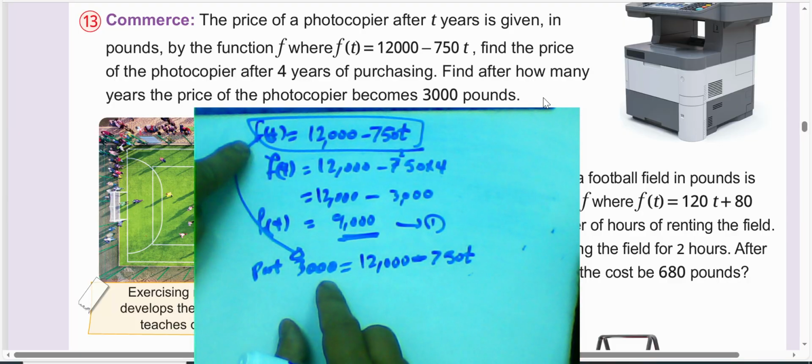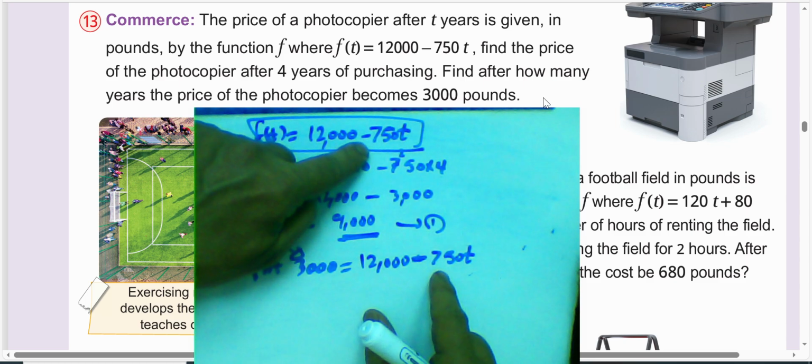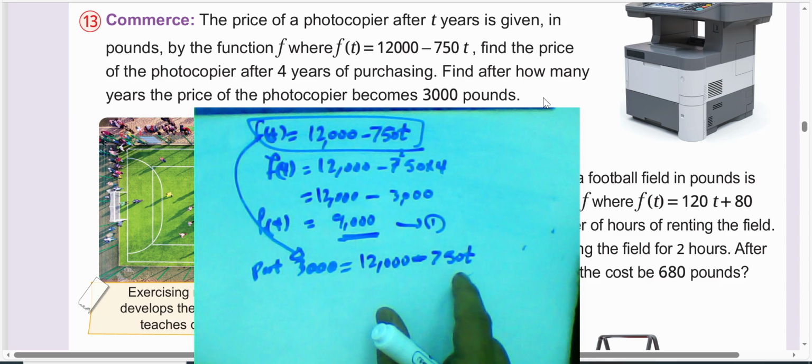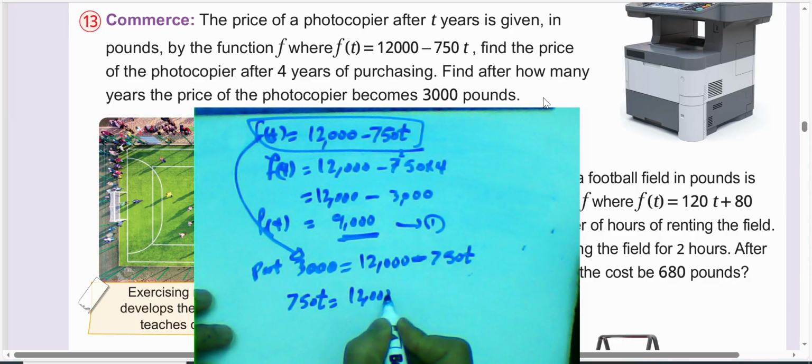So we can write f of t equals 3,000 equals 12,000 subtract 750 times t. You can see this equation. Move this number, 750 divided by t, and 12,000 subtract 3,000. Then 750t equals 9,000.